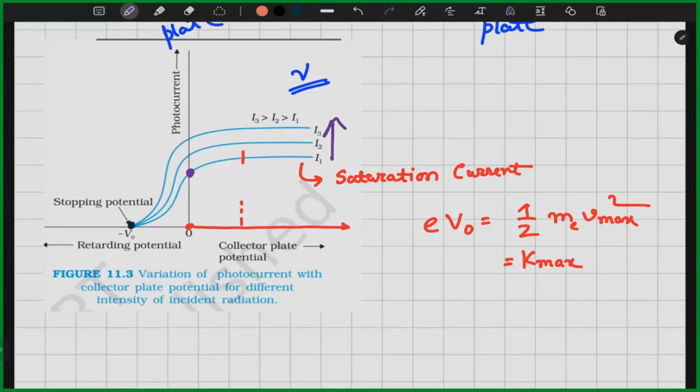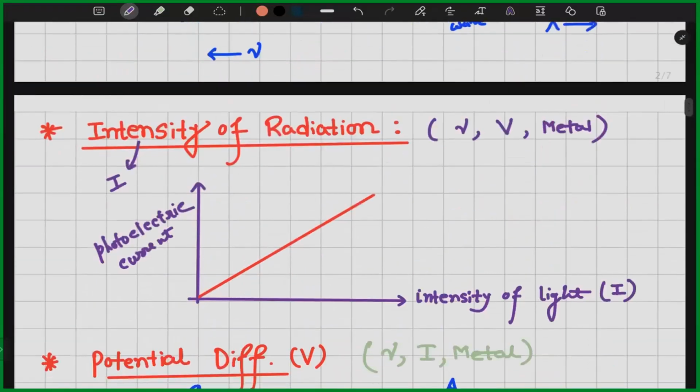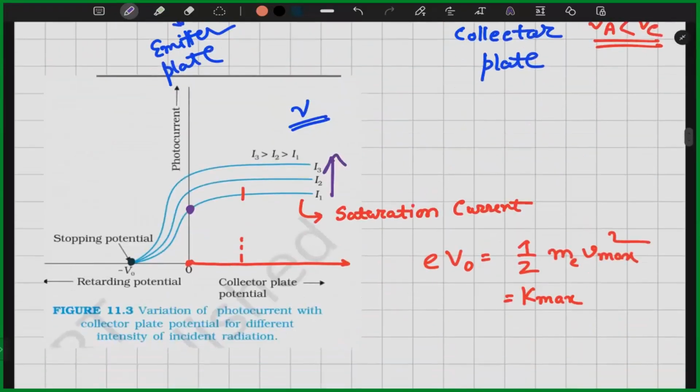The saturation current actually increased because now 150 electrons can contribute to that current. Previously it was 100. Again, if we increase the intensity, it is 200. So it is proportional to the intensity. Here also you can see that. That's why the saturation current is also increased.